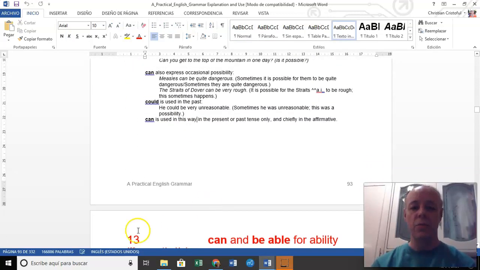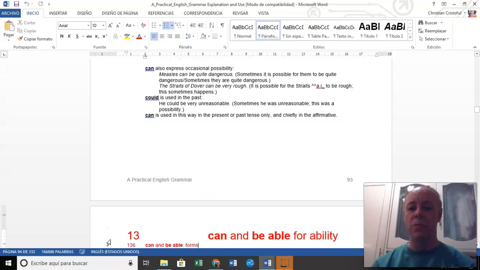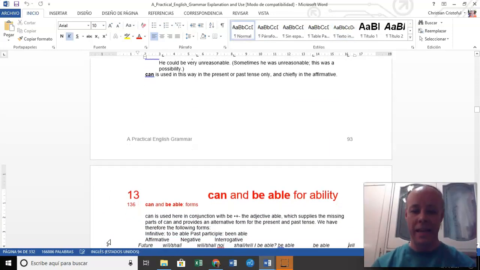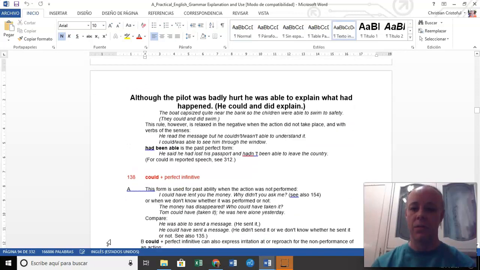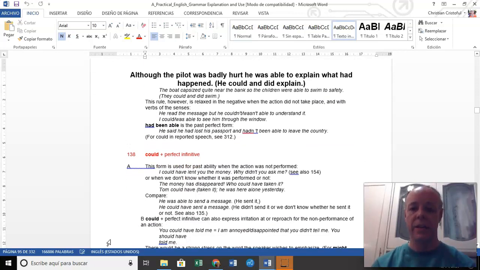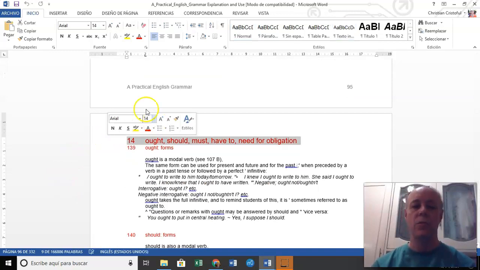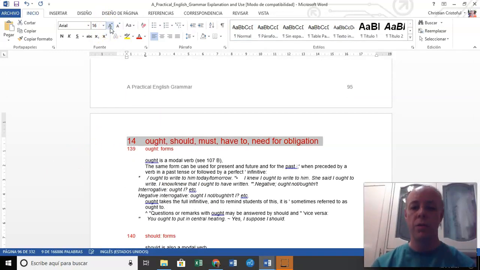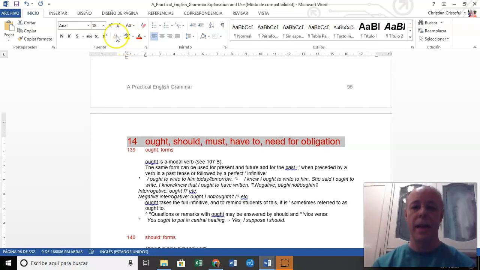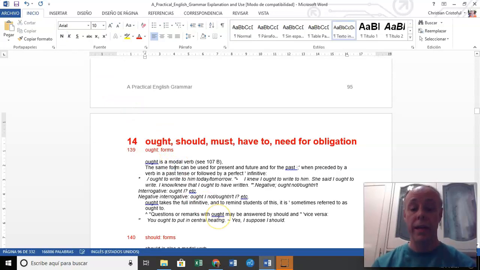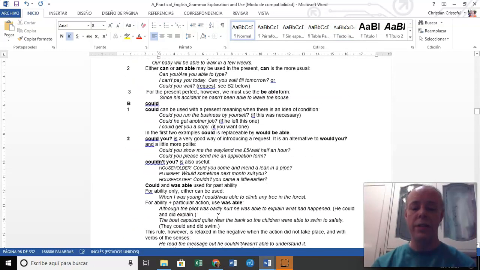Chapter 13 has to do with can and be able to for ability. So you have all the explanation there on how to use them. Chapter 14 has to do with ought to, should, must, have to, need, for obligation. So all the explanation, all the examples, all the uses are explained there.